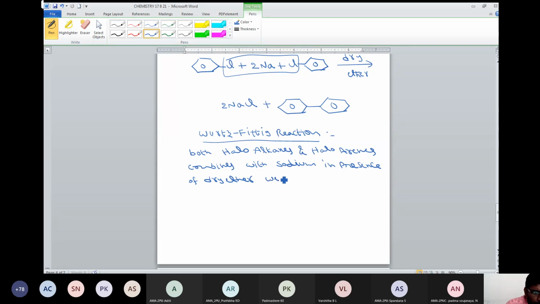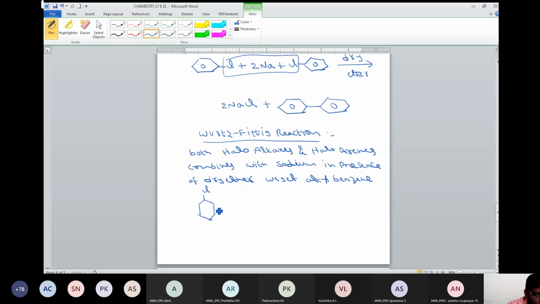We get alkyl benzene. So see this reaction. One is a haloalkane I am taking, and a haloarene I am taking.